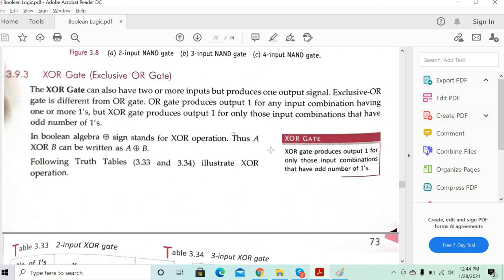See, it's a part of the OR gate only, but it should have an odd number of ones. The odd number of ones means what? If it is 0, 1 or 1, 0, then only it's odd. All the time it is 0, only when there is an odd number of ones will the output be 1.